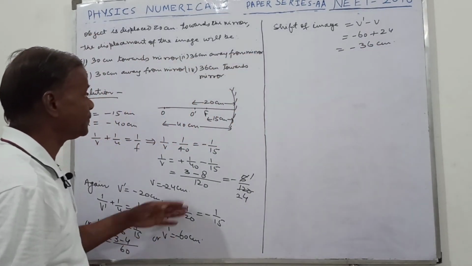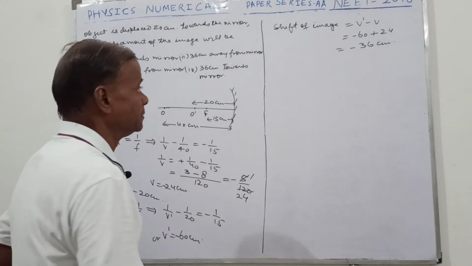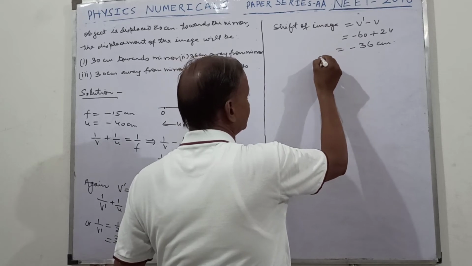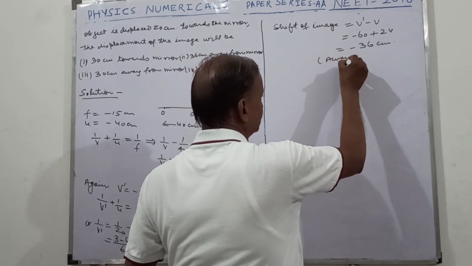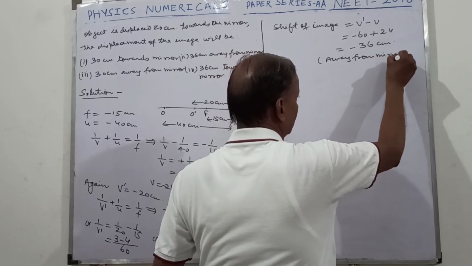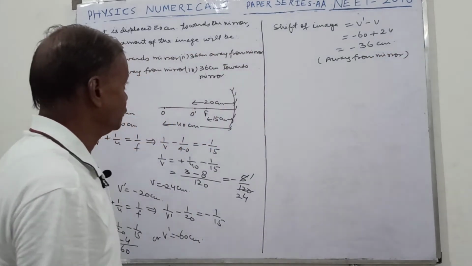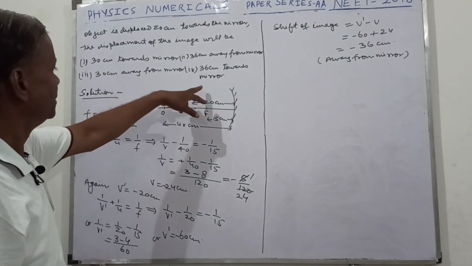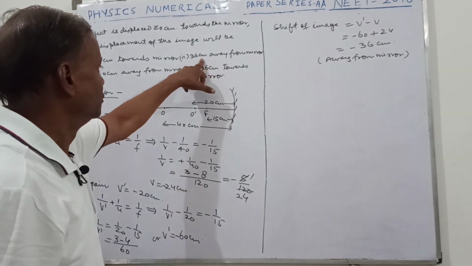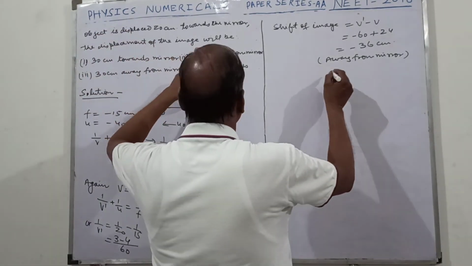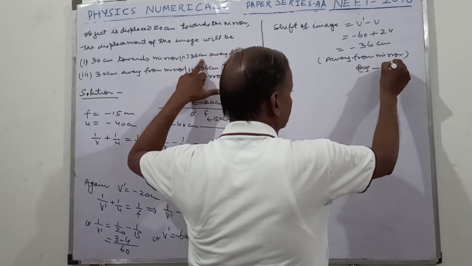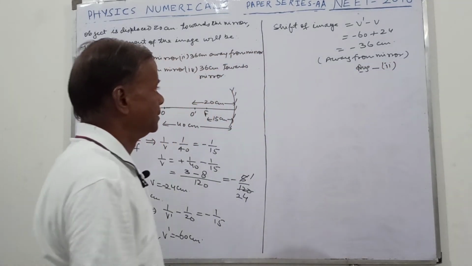So this will be away from the mirror. So our right option is what? 36 centimeter away from mirror. So the right choice is now your second one. This is our correct answer.